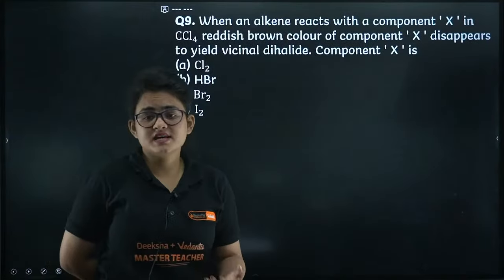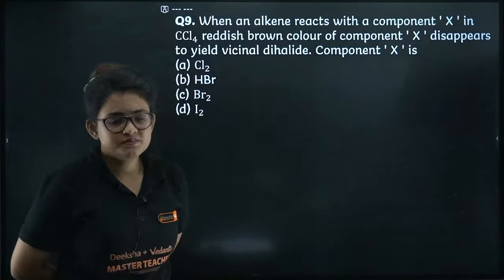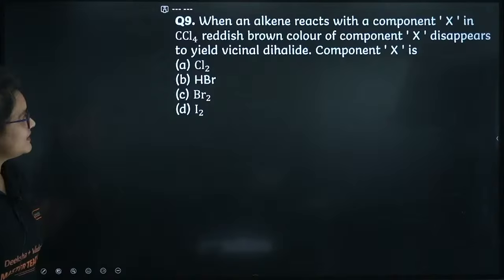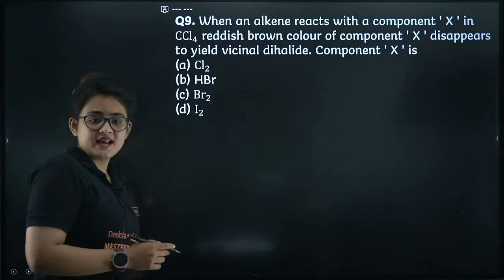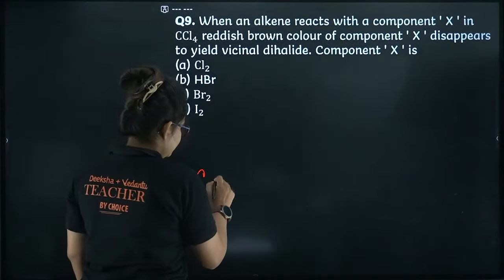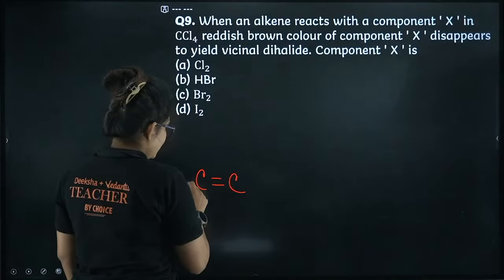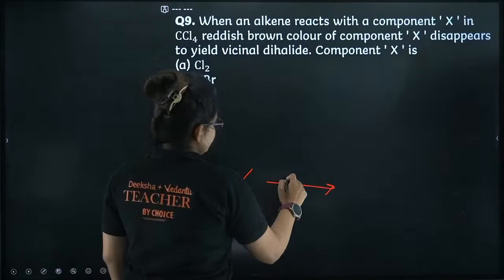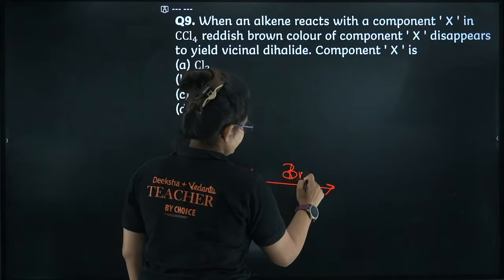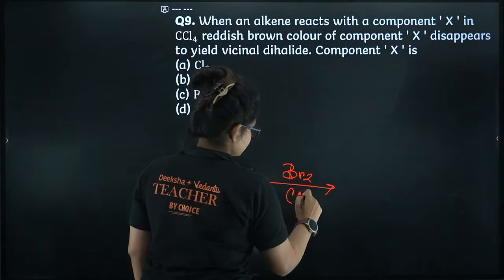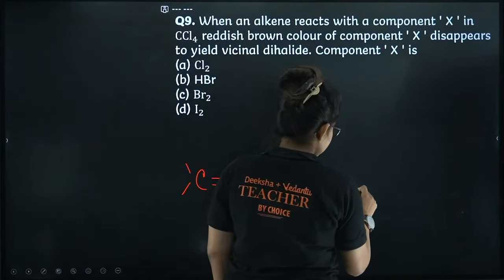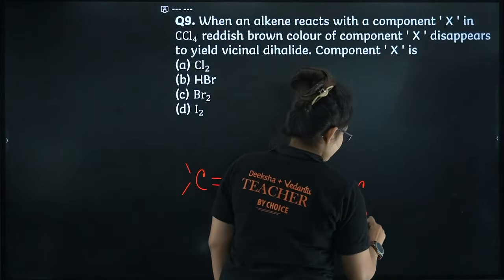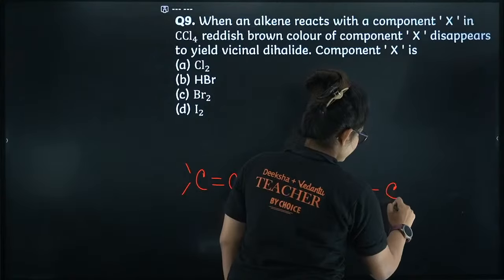It's a test for the unsaturation. Okay, so here you can see an alkene, whenever you are having an alkene in presence of Br2 and CCl4, it forms this type of vicinal dibromide type of compound.